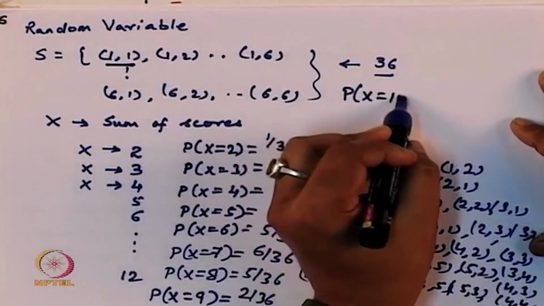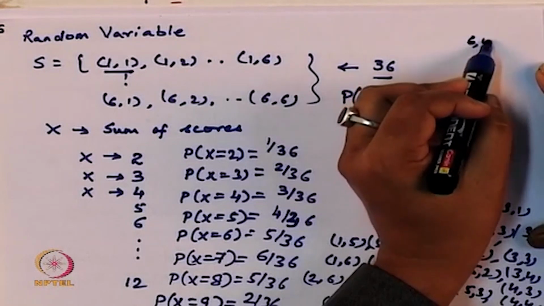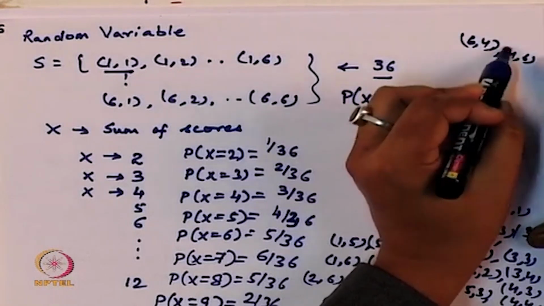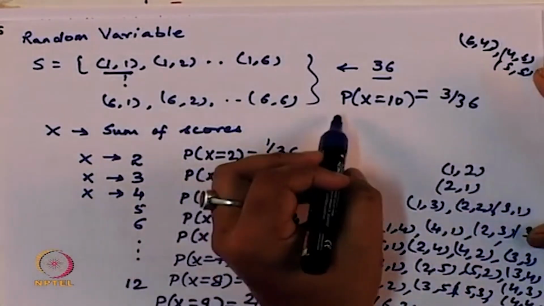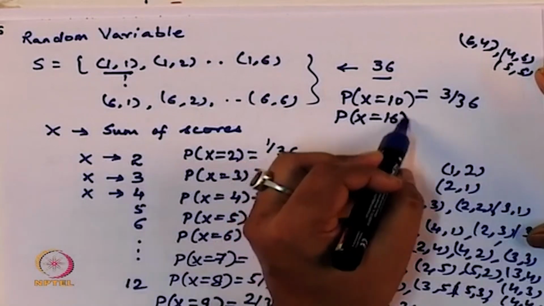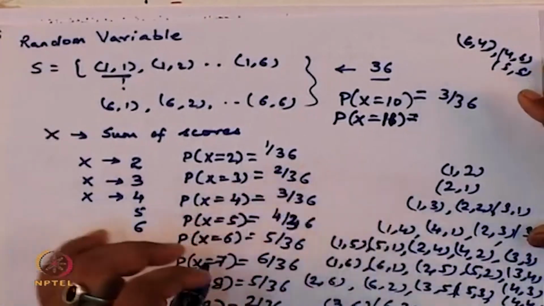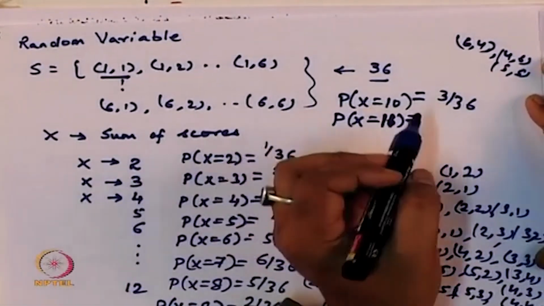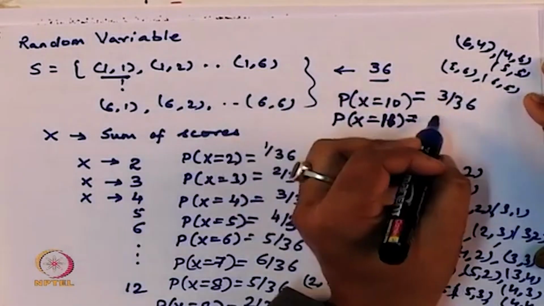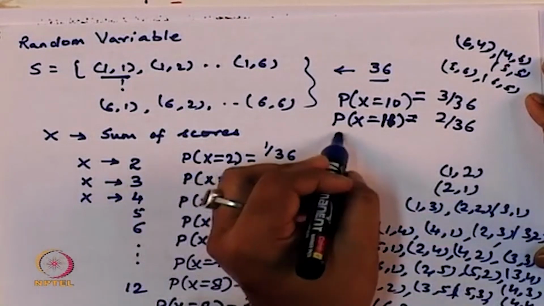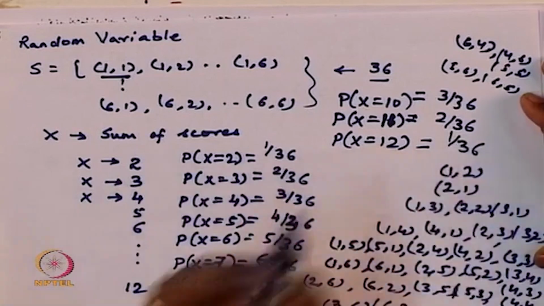The probability of x equal to 10: I have 6 4, 4 6, 5 5, so 3 by 36. X equal to 11: I have 5 6 and 6 5, so 2 by 36. The probability of x equal to 12 is simply 1 by 36.